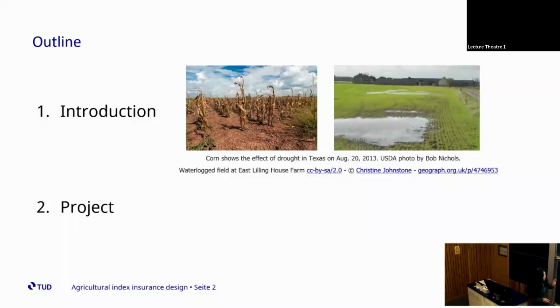And what is agriculture index insurance? We have two pictures here. You see the corn in USA was affected by the drought in Texas, and on the right-hand side is the waterlogged field in UK. Due to the heat and the excessive rainfall, these are two kinds of weather risks.